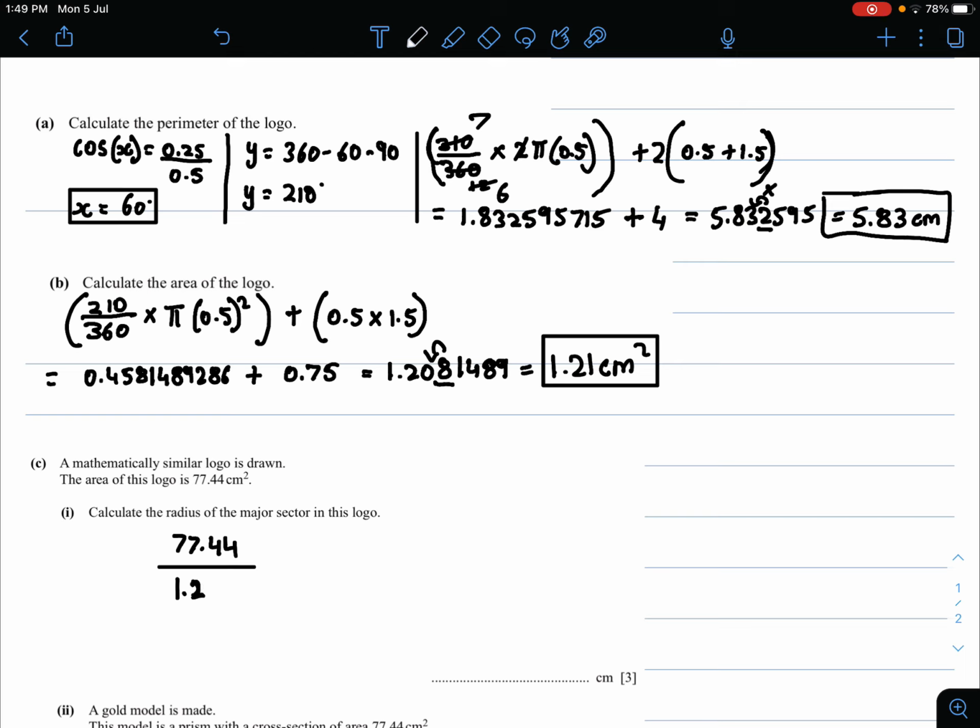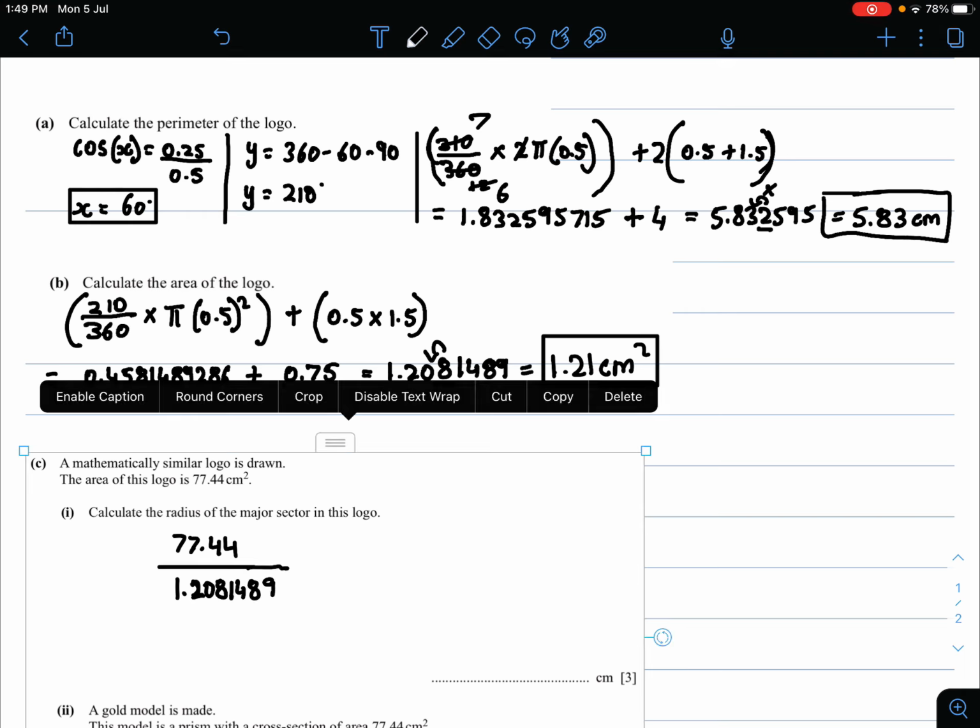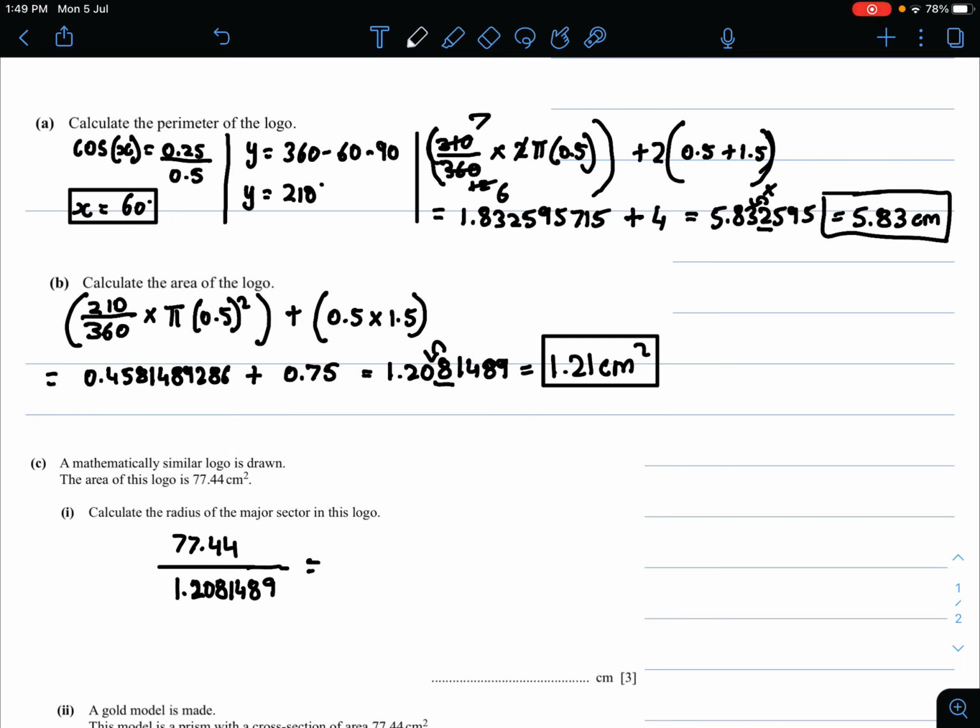You can have the original logo's area on top or at the bottom, it doesn't make a difference, but it should match with the radius that is on the other side of the equation that I'll show you. So this is for the area, equals, so you have to find the radius of the logo that has an area of 77.44.